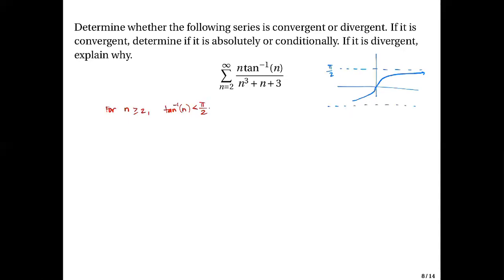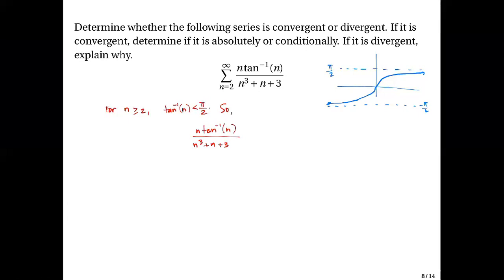The asymptote is negative pi over 2. So, you have to remember that. For any n greater than or equal to 2, tangent inverse of n will always be less than pi over 2. So, from here, you may have an idea of what comparison we will do. So, your n tangent inverse of n, this is over n cubed plus n plus 3.